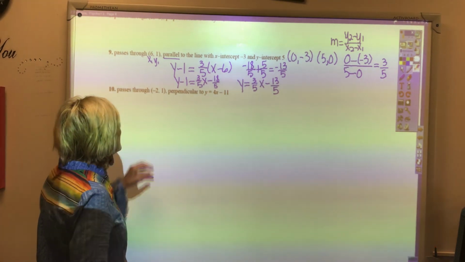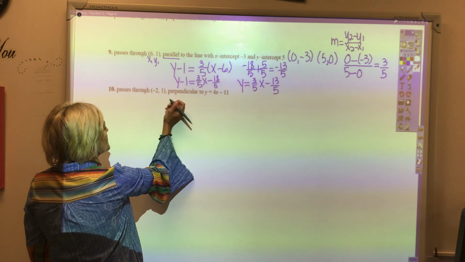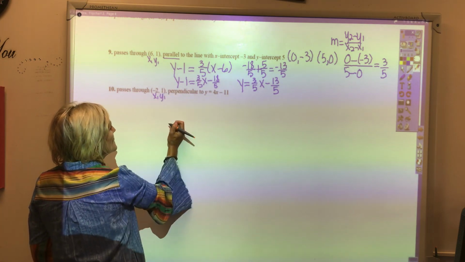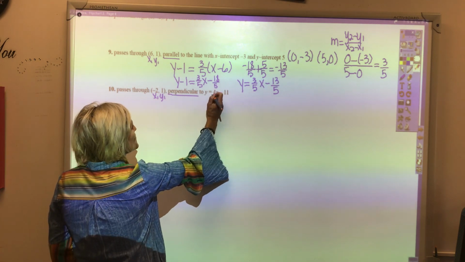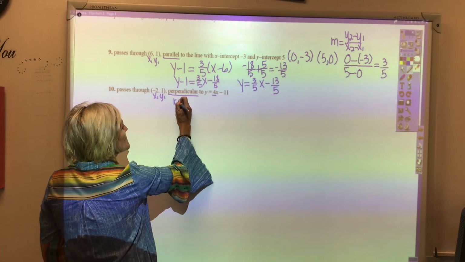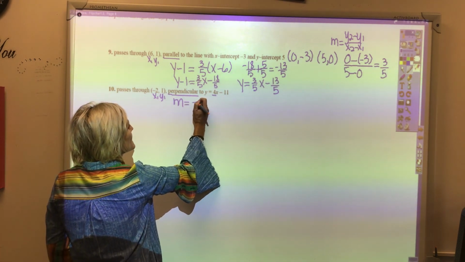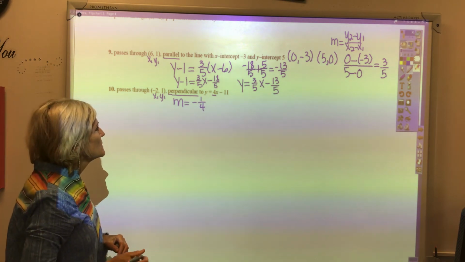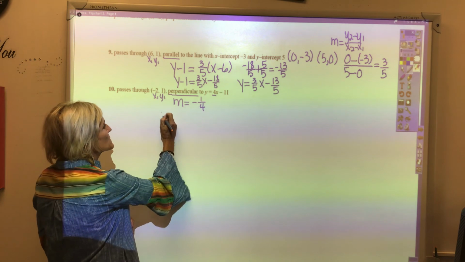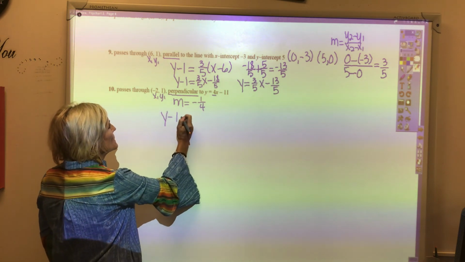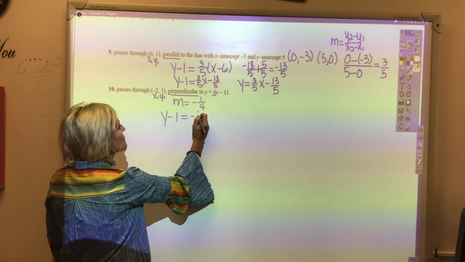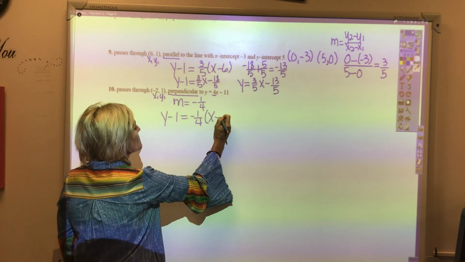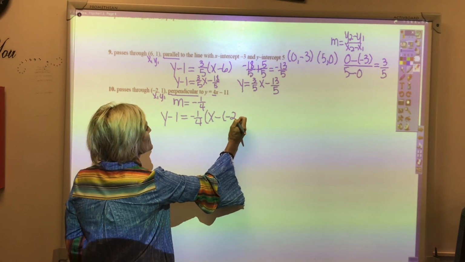Okay, the last one, the point, we'll label -2, 1 as x1, y1. Perpendicular to 4 means that m will be -1/4. So we'll have y minus 1 equals -1/4 times x minus -2.